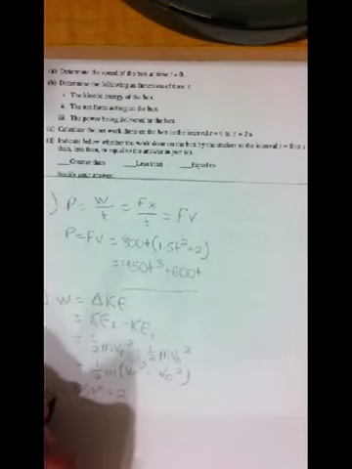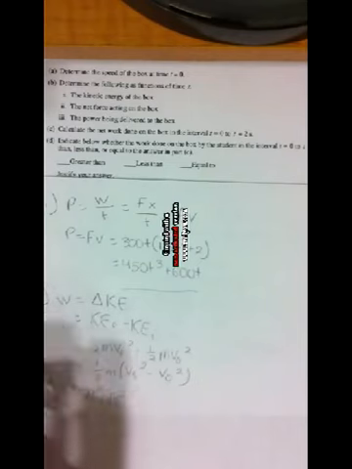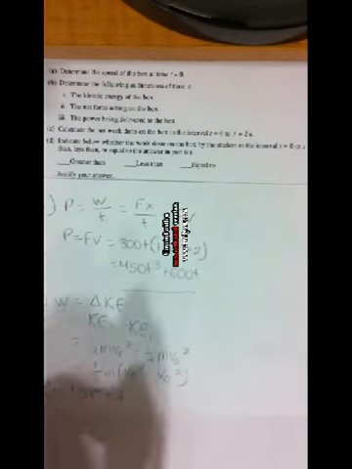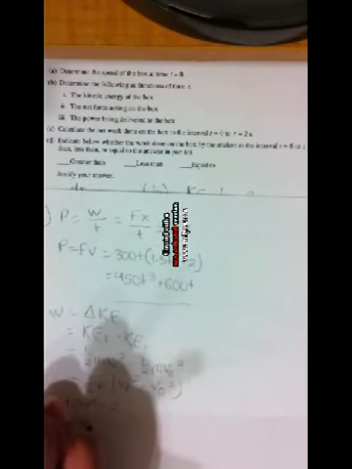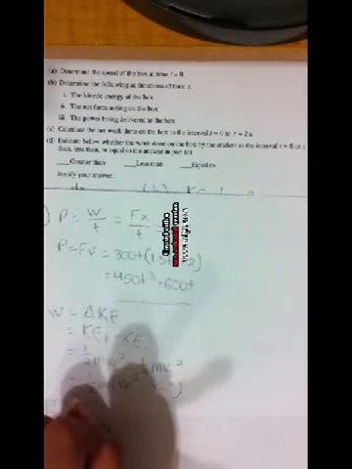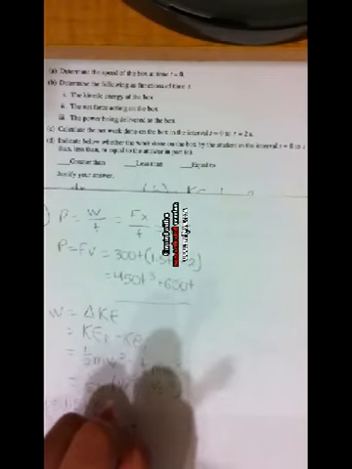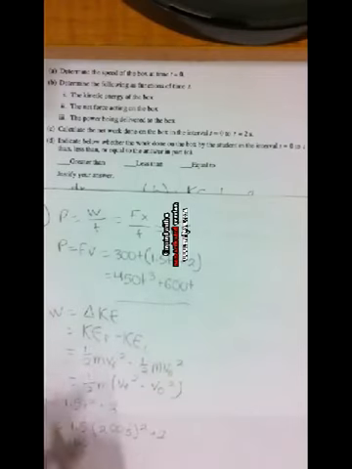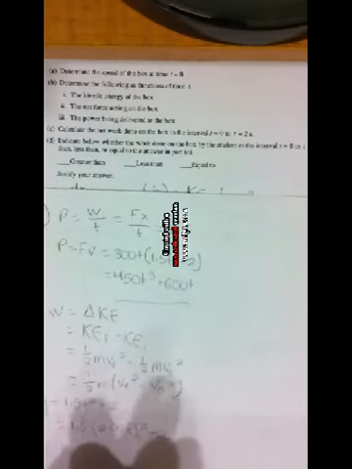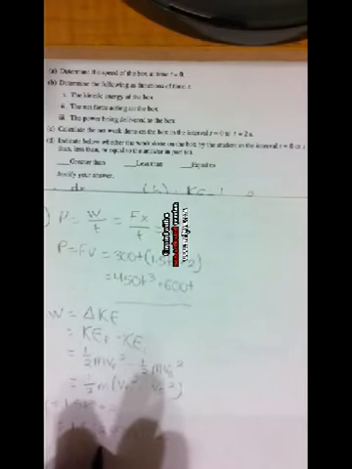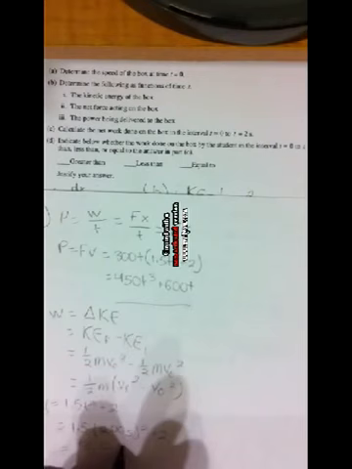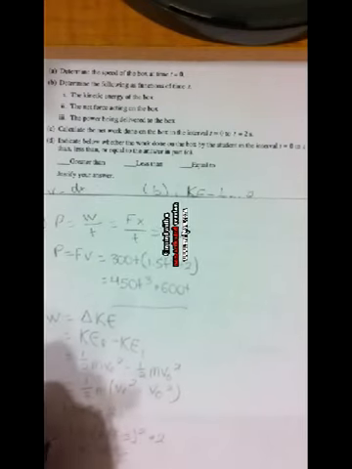But we're looking for velocity final, which is at 2 seconds. So 1.5 times 2.00 seconds squared plus 2. This all breaks down to 8.0 meters per second. This again is our V final.